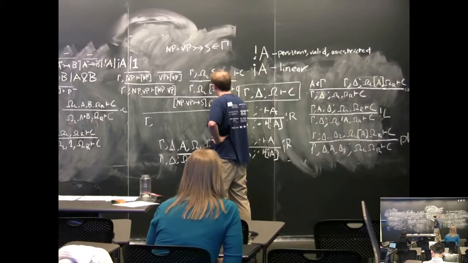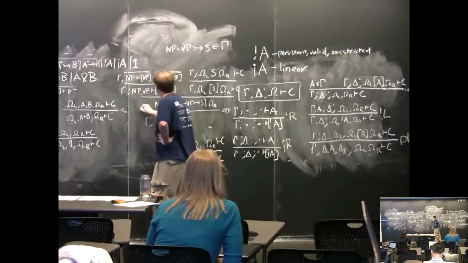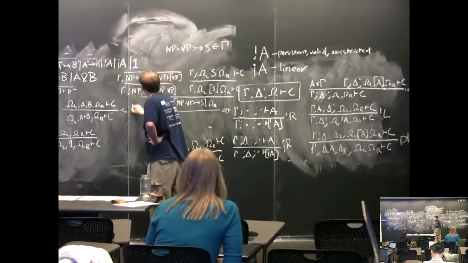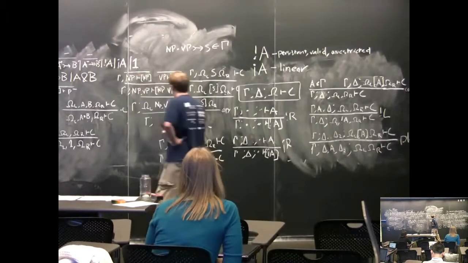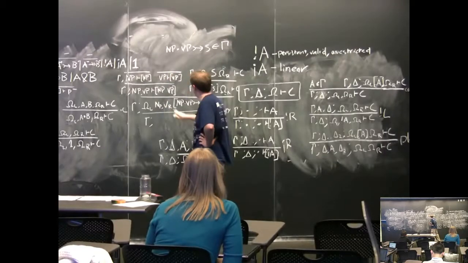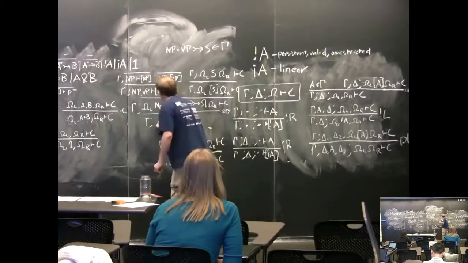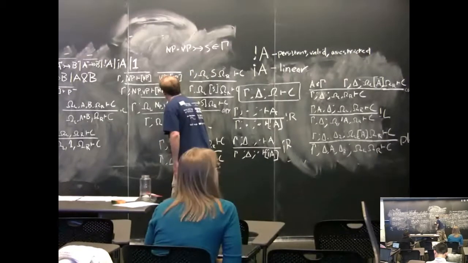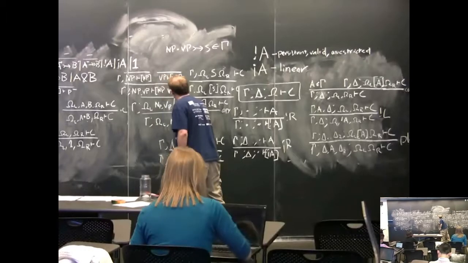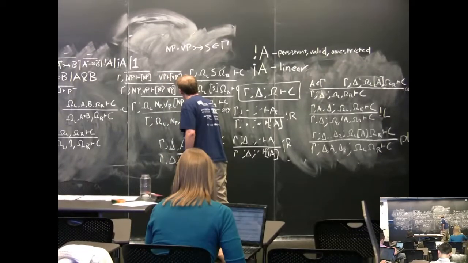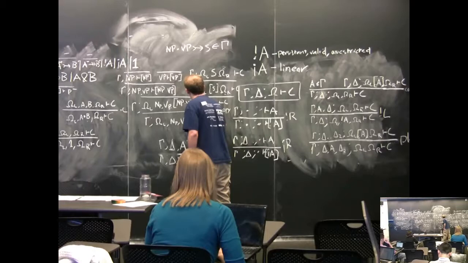But here I need noun phrase, verb phrase, and this is omega left, and this is gamma, verb phrase. And this is a C. And this is omega left, noun phrase, verb phrase, omega right proves C.